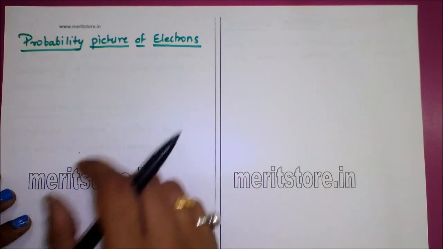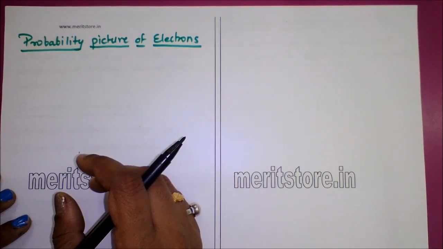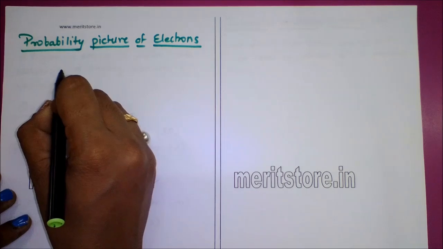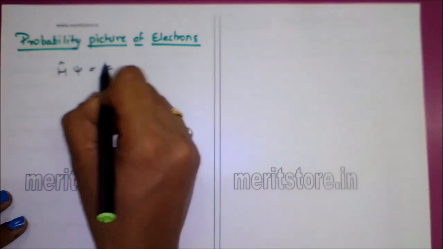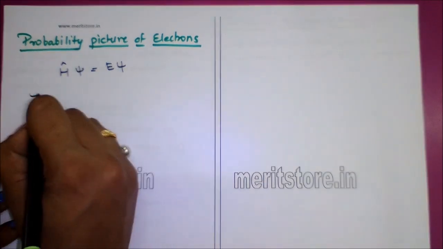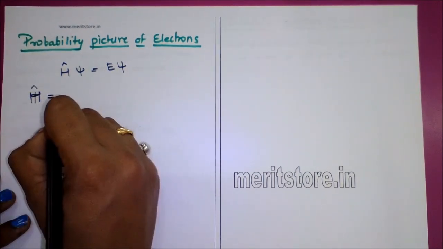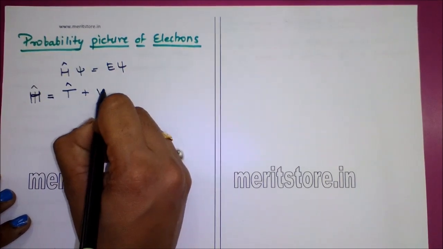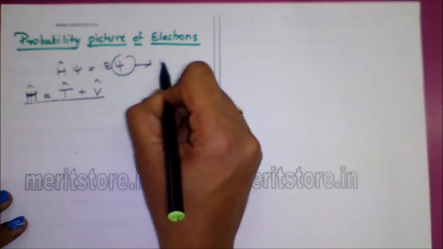According to Schrodinger's equation, for any system of atom or molecule whose energy does not depend on time, we can write the Hamiltonian operator acting on psi equals E psi. The Hamiltonian operator is considered the sum of the kinetic energy operator plus the potential energy operator, where the psi term is very important, which is called the wave function.